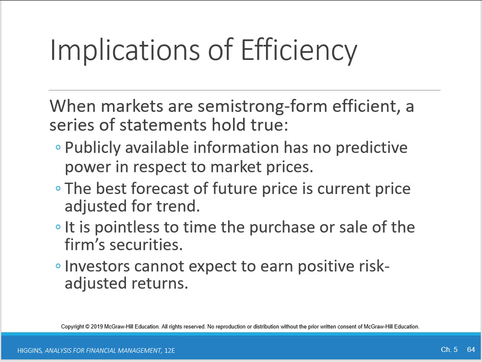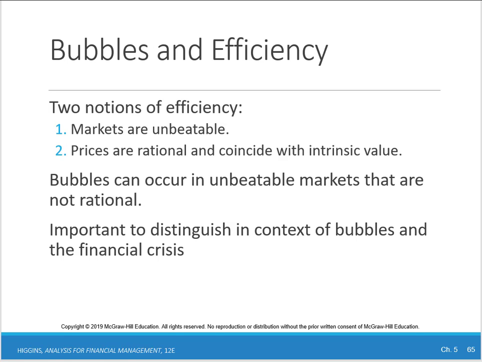And finally, investors can't expect to earn positive risk-adjusted returns. In other words, the price you see is a good price. It's a fair price. So there are two things that we can mention from this. One, markets are unbeatable. Two, prices are rational and they coincide with intrinsic value.